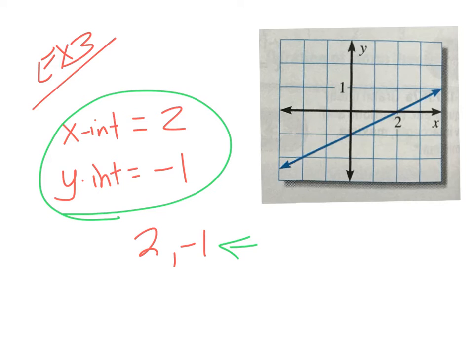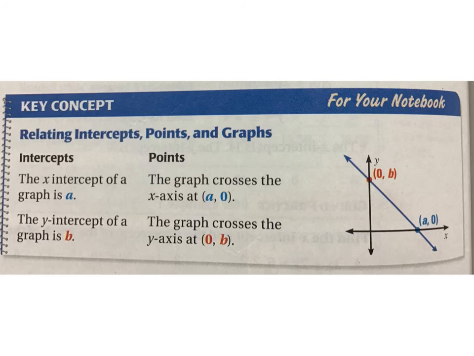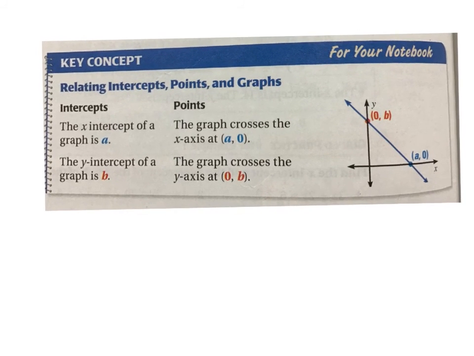All right, so let's look at the key concept. We've already actually gone over this, but let's make sure it's in your journals. This key concept is just talking about intercepts, points, and graphs.